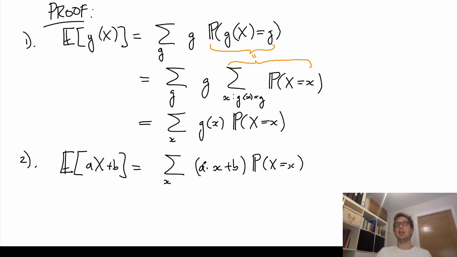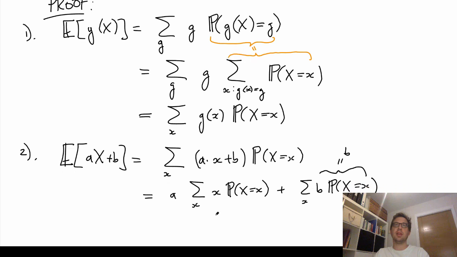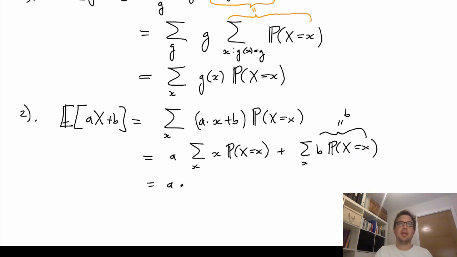And then this is just a sum. I can multiply the probabilities through and separate out the sums, like this, plus the sum over x of b times the probability that X equals x. And then this sum is going to just sum to b, because the sum of all the probabilities is equal to 1, and this is going to give me a times the expectation of X.